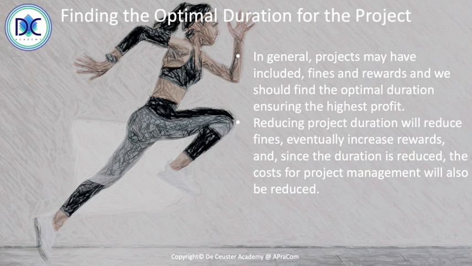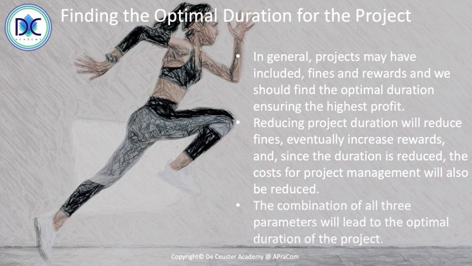When we reduce the project duration, it will also reduce the fines and eventually increase the rewards. And since the duration is reduced, the cost for project management will also be reduced. We have to consider the combination of all these three parameters, which will lead to an optimal duration of the project. We will look at some examples later on.